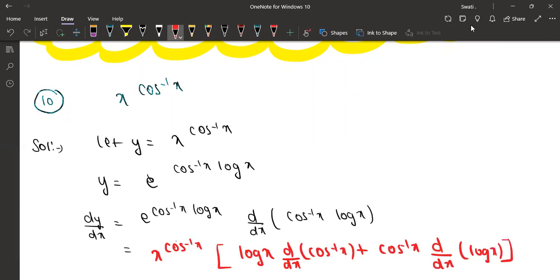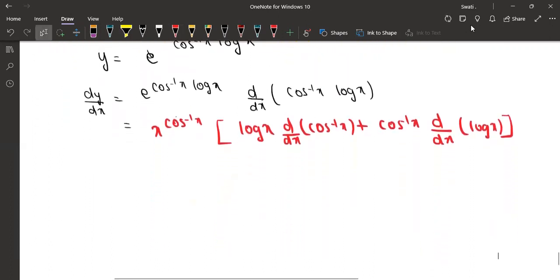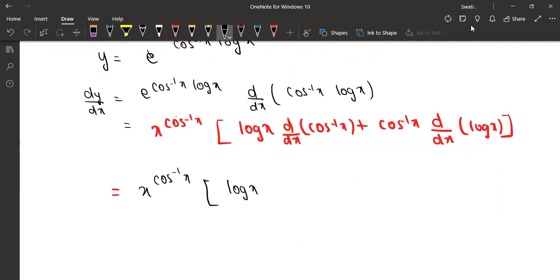And now in the next step, we have to use the formula of derivative of cos inverse x, which is direct. We have a direct formula for that. So this will become x raised to cos inverse x as it is, and this will become log x. Derivative of cos inverse x by formula is minus 1 upon root over 1 minus x squared, plus cos inverse x as it is, and derivative of log x is of course 1 over x.